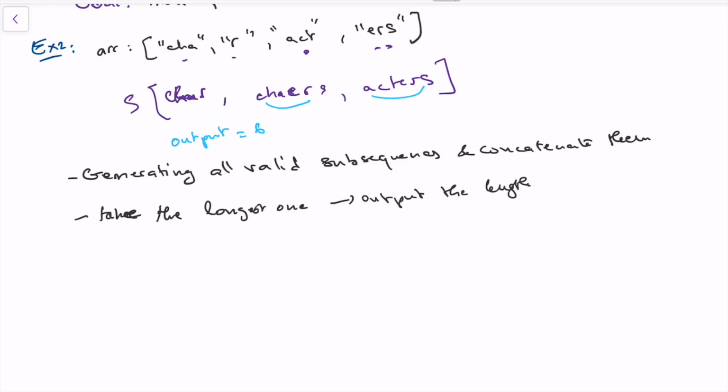And in this case, all valid means that it has no duplicate characters.